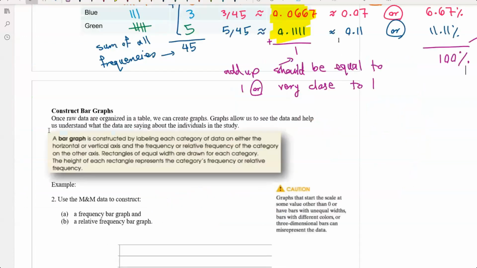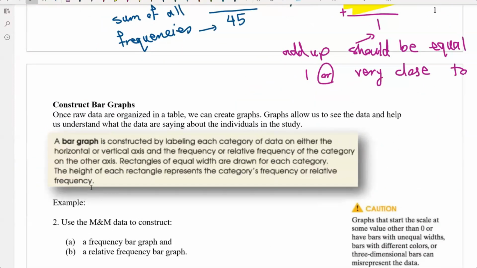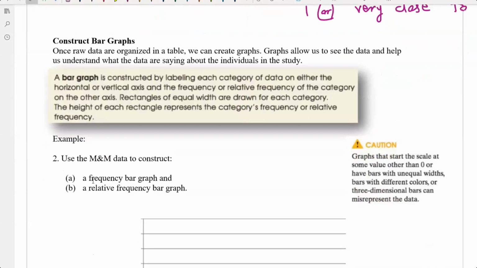Now here we have bar graph. We want to use that example to work on this. Okay, so we're going to label each category of data on either the horizontal or vertical axis, and the frequency or relative frequency of each category on the other axis.